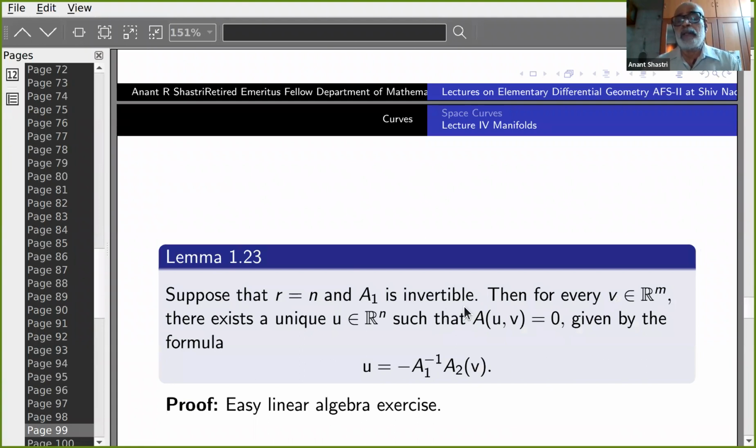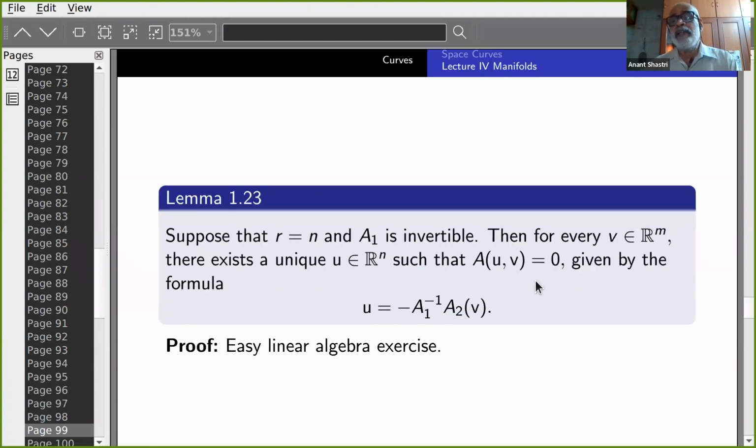Then for every v inside Rm, there exists a unique u belonging to Rn such that A(u, v) equal to 0. So this is linear algebra, where a system of linear equations can be solved in terms of a number of fixed variables.